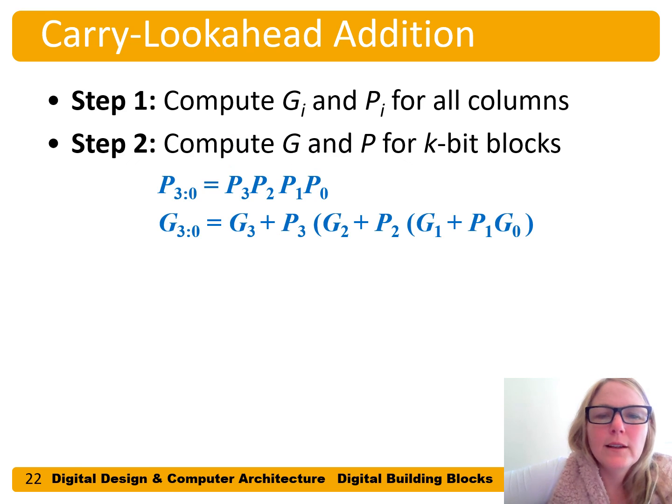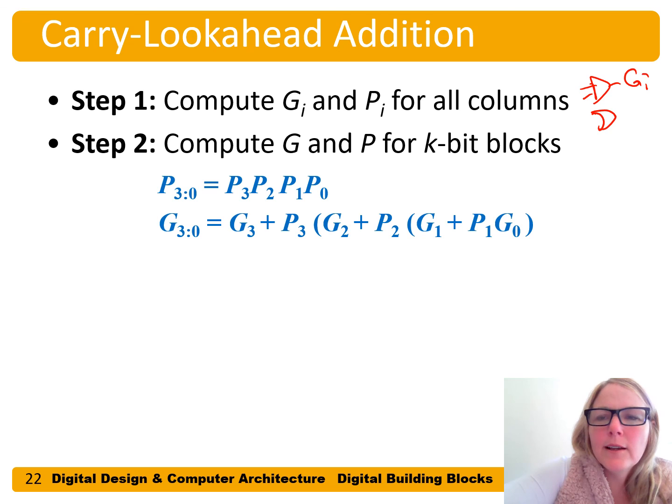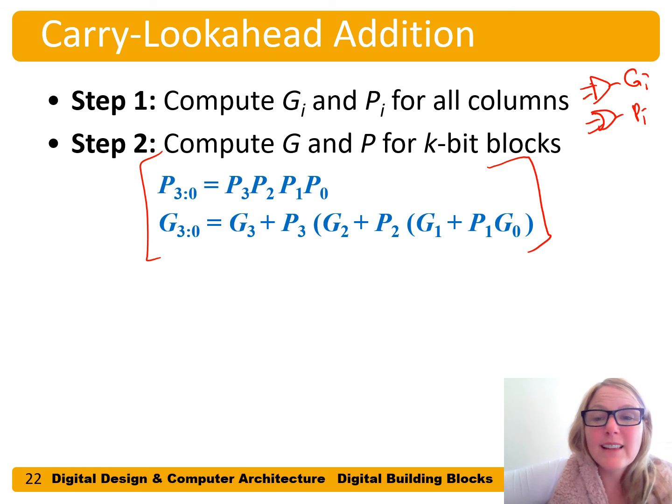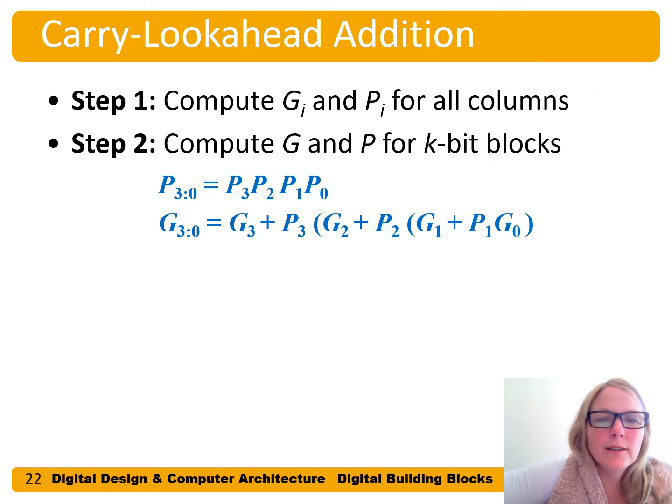And so we're going to compute our G's and P's, our generates and propagates for columns, using AND and OR gates, G sub i's, P sub i's, and then we're going to compute for each of the k-bit blocks. This happens in parallel, right? That's where we're gaining here: we compute the column and block generate and propagate signals in parallel.